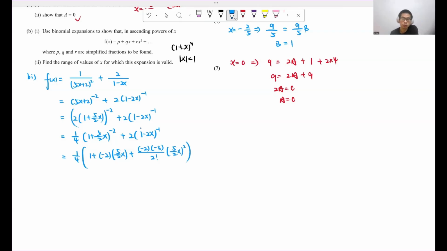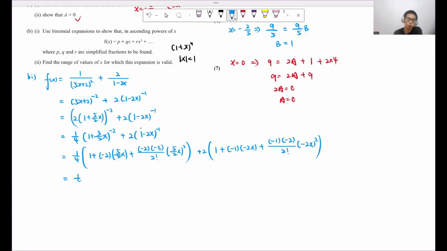And then for the next one, plus 2 times, so 1 stays the same, plus n times negative 2x, which is negative 1. And then plus n times (n - 1), which is negative 2, over 2 factorial, times (negative 2x) all squared. And then simplify each one.